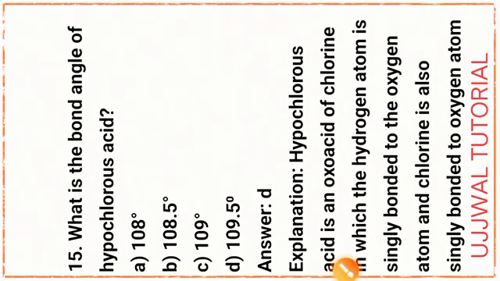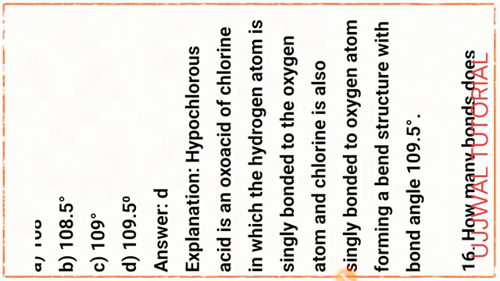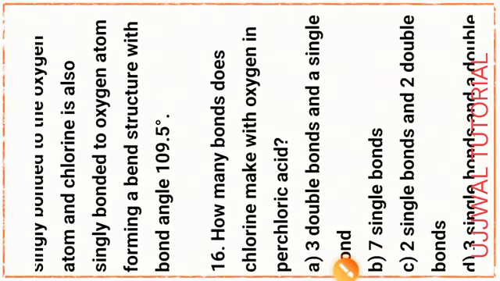Due to explain for this part, hypochlorous acid is an oxo acid of chlorine in which the hydrogen atom is singly bonded to the oxygen atom, and chlorine is also singly bonded to the oxygen atom, forming a bent structure with bond angle 109.5 degree.